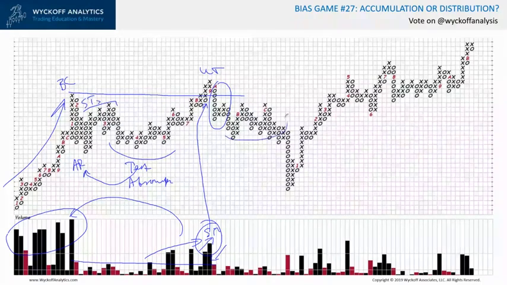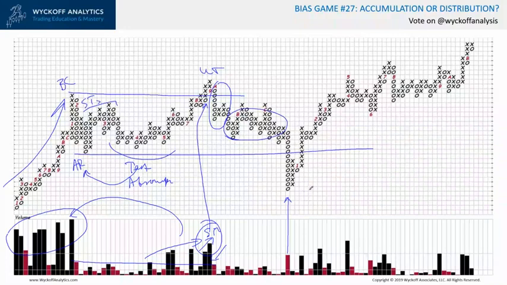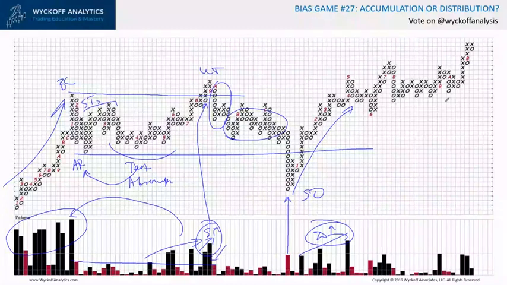And then we don't see a lot of activity here until we go into the shakeout action. And then that shakeout is being resolved really quickly with the momentum rally that is confirmed also by the increased demand signature.